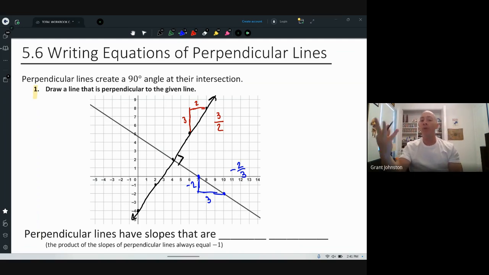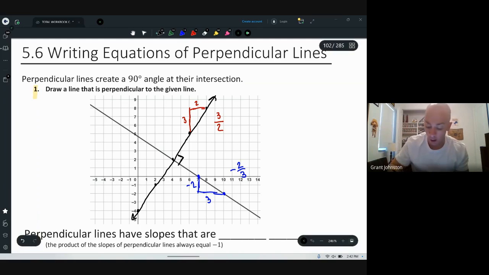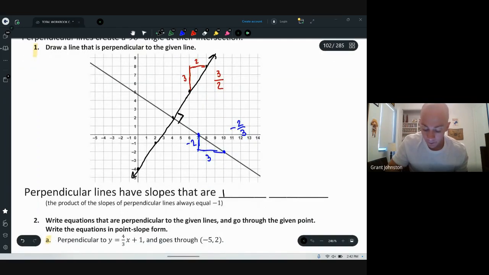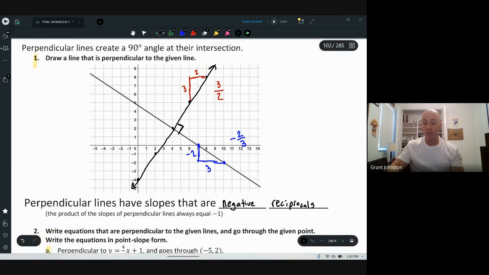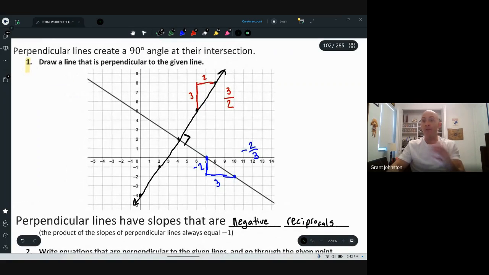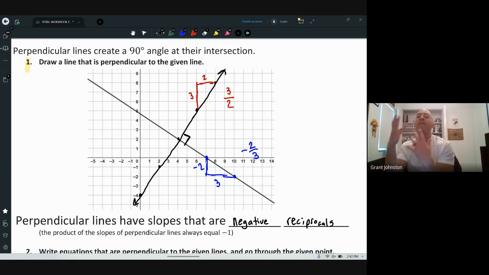So perpendicular lines have slopes that are negative reciprocals. And negative, you know what that means. But reciprocal is just a fancy word for flipping the numbers.